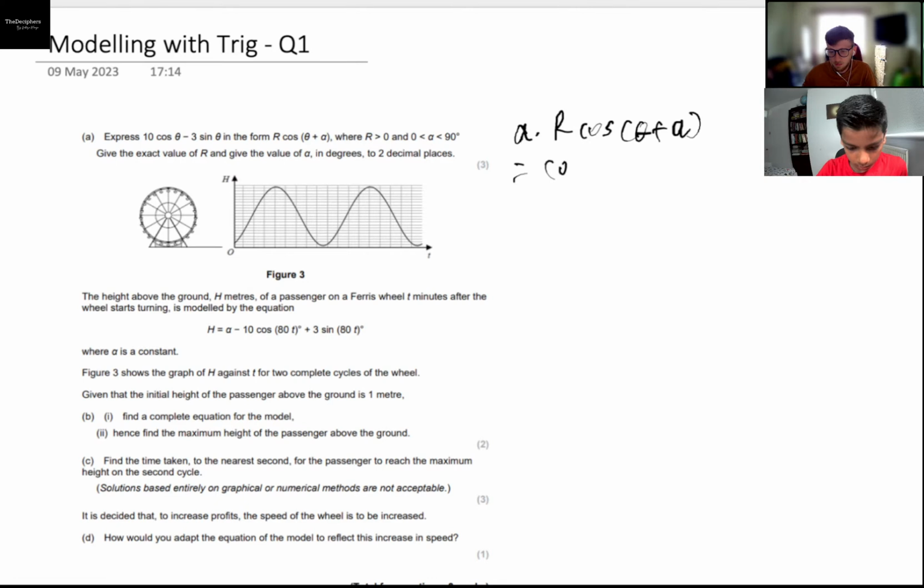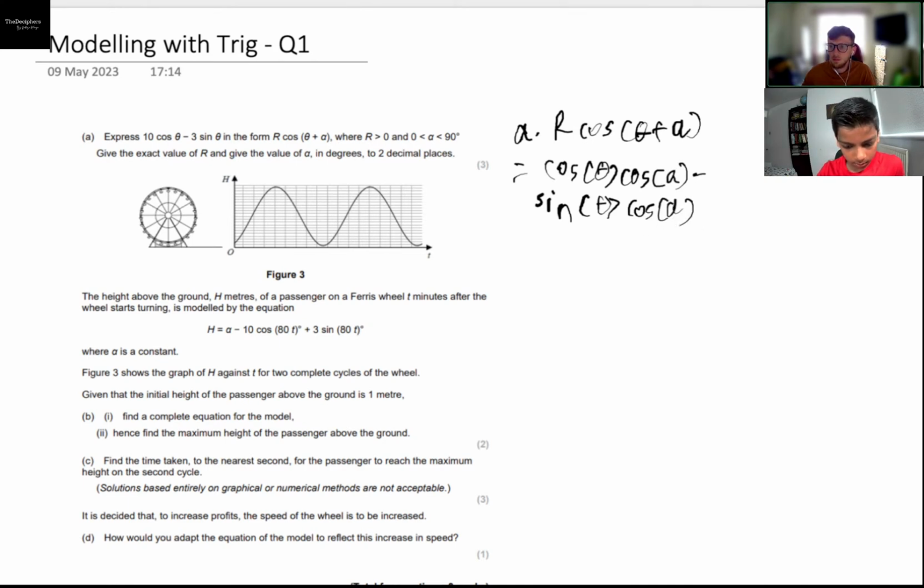So cos theta cos alpha minus sine theta sine alpha. I'm going to do it on the next line, just make sure you can see it.